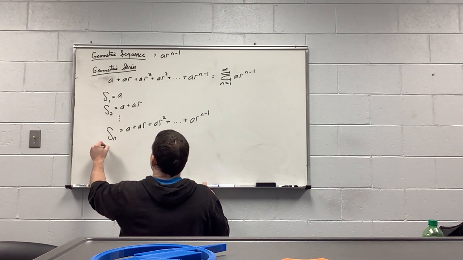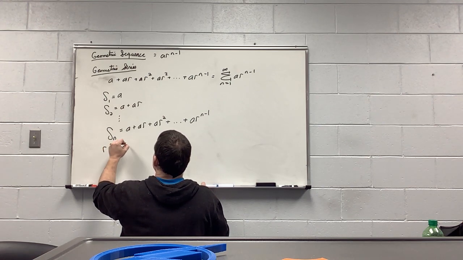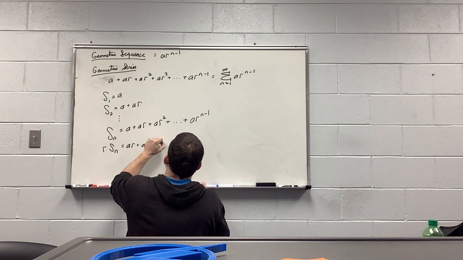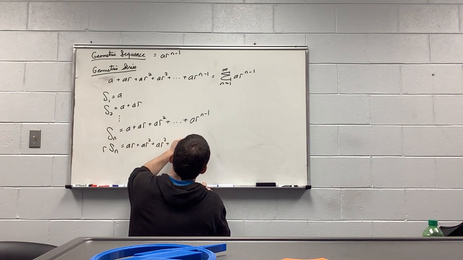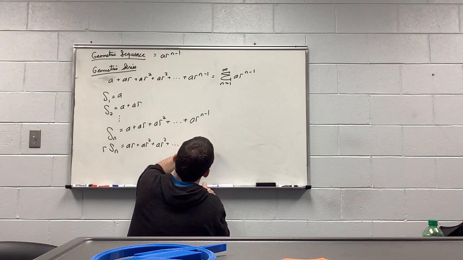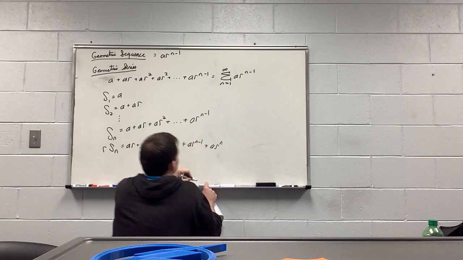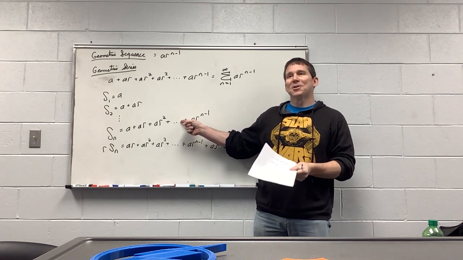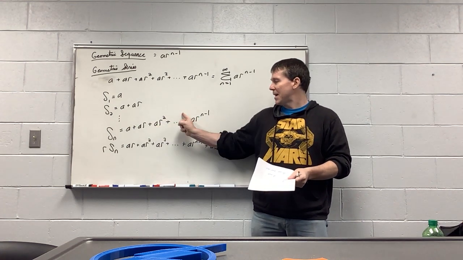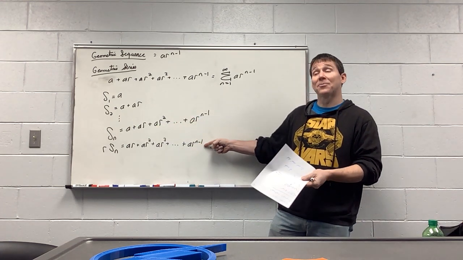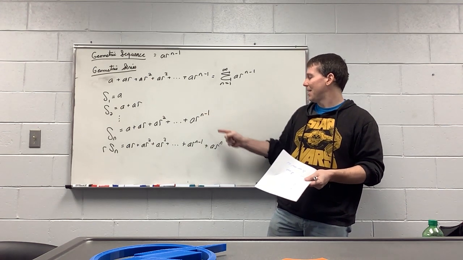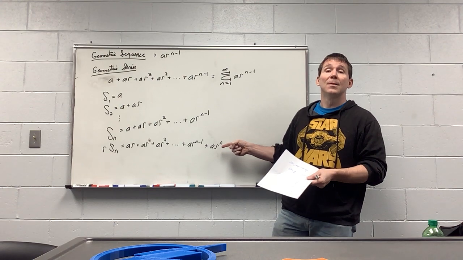So if I do that, I get r S sub n equals ar plus ar squared plus ar cubed plus ar to the n minus 1 plus ar to the n. And keep in mind, there's an n minus second term here, which when it gets multiplied by r becomes the r to the n minus first term. And then this last term, when it gets multiplied by r, becomes r to the n.